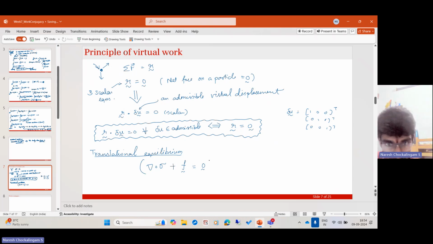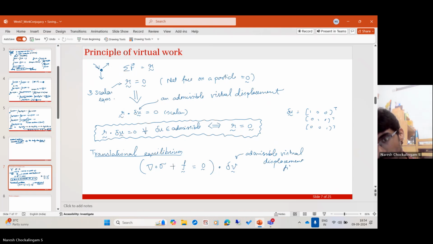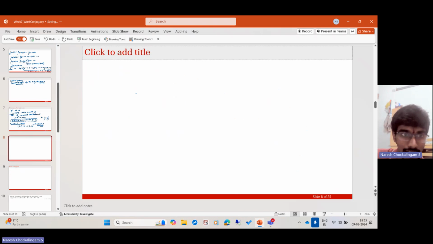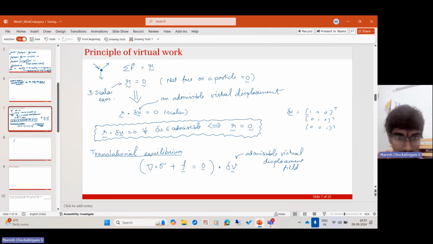Now dot product on both sides with an admissible virtual displacement field. So let's do it. So this means, integrated over the entire volume V, should be equal to 0, right?